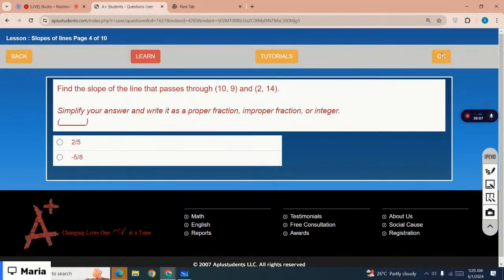The correct option is -5/8. Option number 2 is the correct option, right? Okay, you can complete the lesson by yourself later today. Let me just move on to the next.